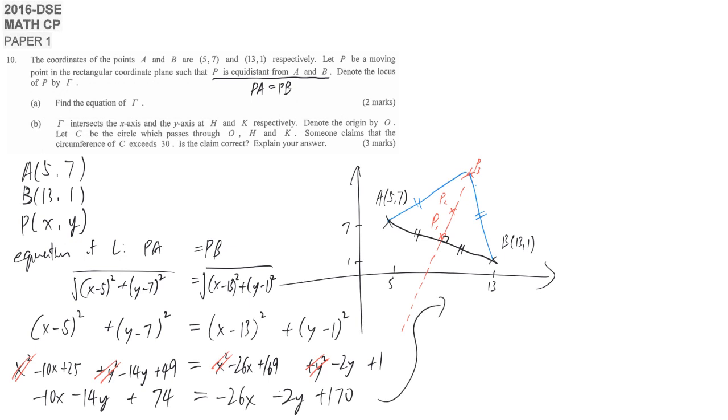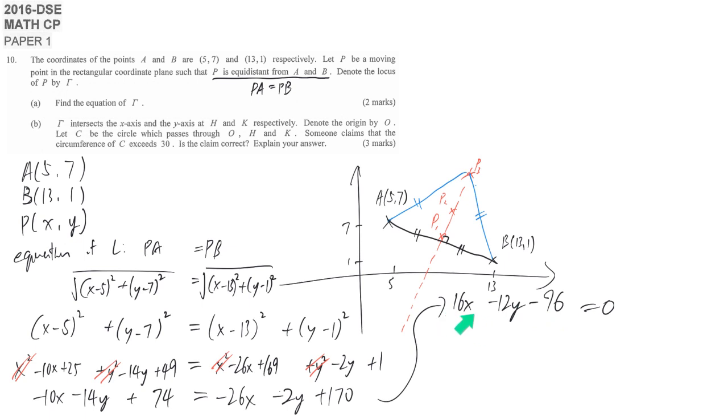After that, we group everything to one side to form an equation of a straight line, I mean the general form. So negative 10x plus 26x, we get 16x. And then we have minus 12y, and then minus 96 equal to 0. But don't forget that for the general form, if you find that all 3 terms are divisible by a common factor, you have to simplify it.